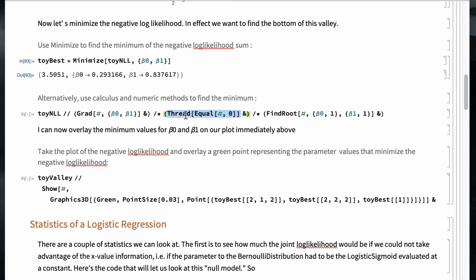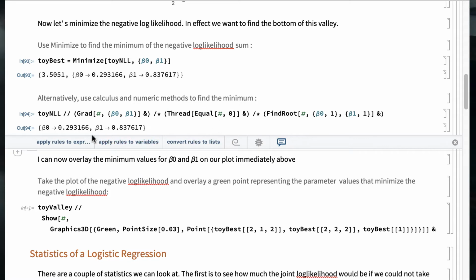Then we'll set the condition that we want both those gradients to be 0. Then we'll use numeric methods because you can't find a closed form algebraic solution in this instance, and try to figure out for what values of beta 0 and beta 1 this equality condition is met. So let's do it. And looky there, it's exactly the same as we found using Minimize.